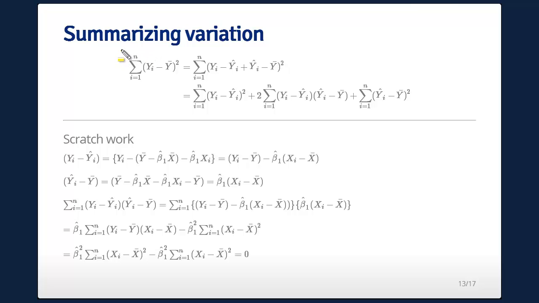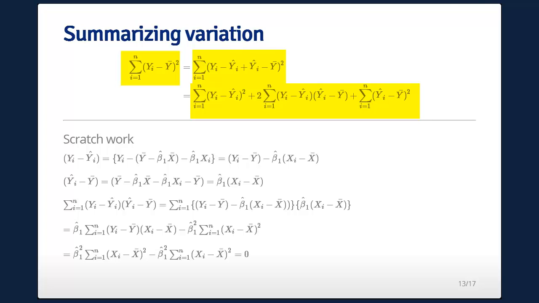So let's look here. n-1 times the sample standard deviation is this expression right here. That represents the total variation in the y's, disregarding everything except maybe the mean. Then let's add and subtract y hat. If we expand out the square and distribute the sum along our expanded square, we get this.